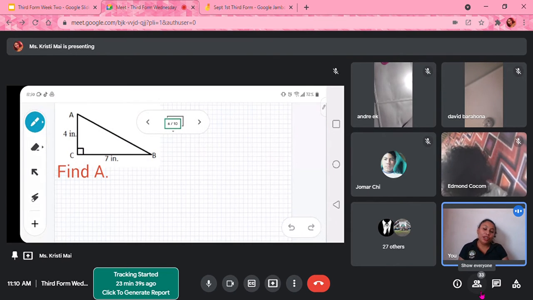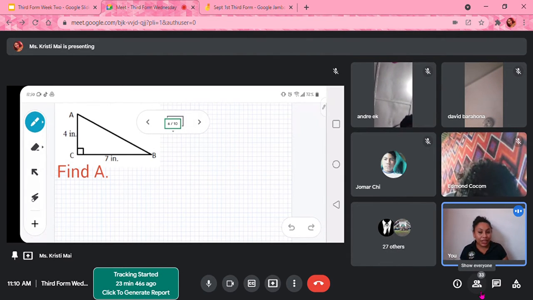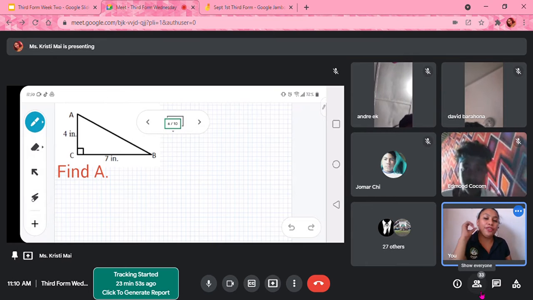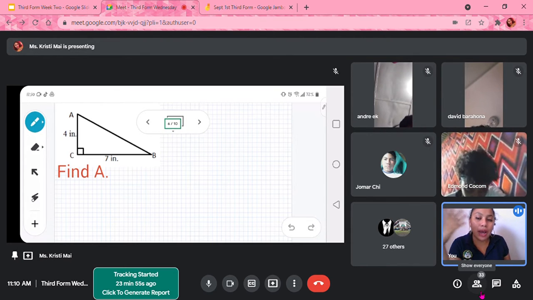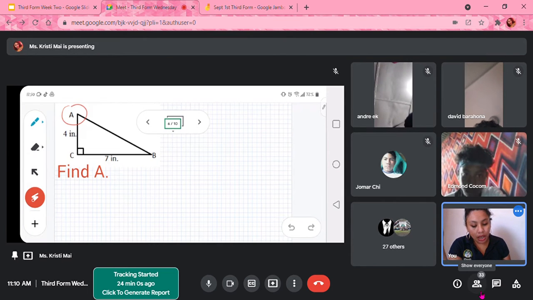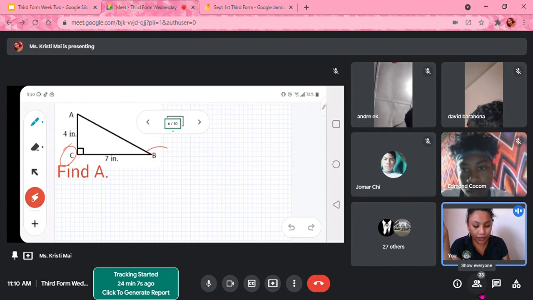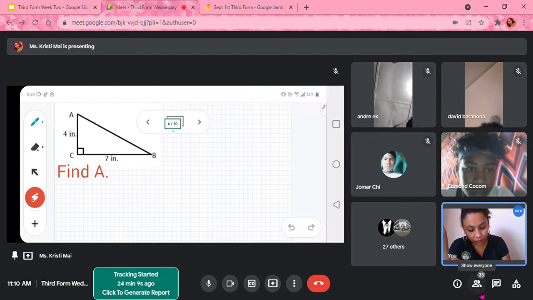Example number 2. Now we have seen how to find a missing side because small letters represent sides. In this question, we are being asked to calculate for capital A. Now what does a capital letter mean? Right here is that we are looking for this angle. When we use capital letters, we are talking about angles, right?